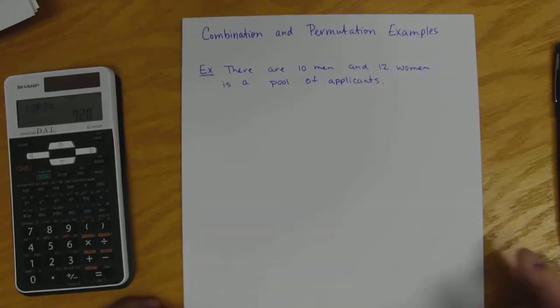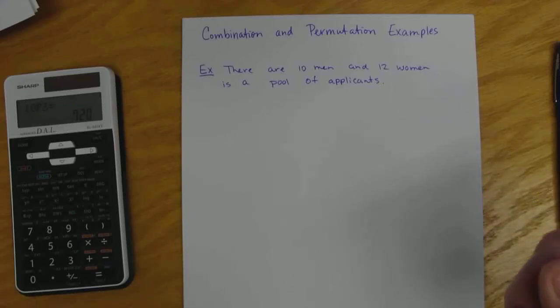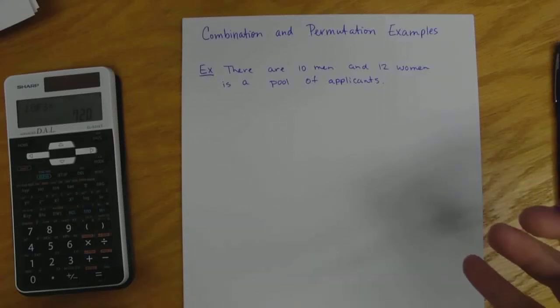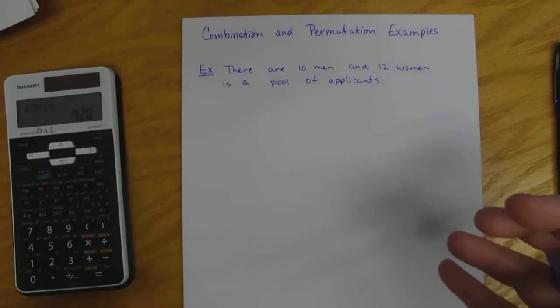Just like prizes in our last example, if you remember, if everyone is getting the same prize, you could call their names all at once and they're getting the same thing. That's a combination.